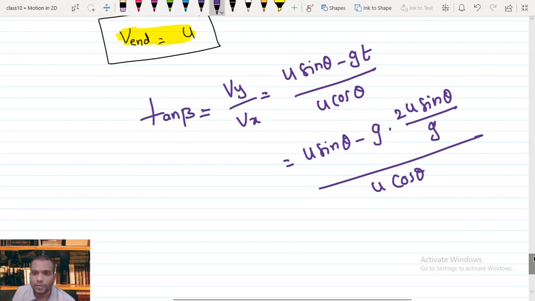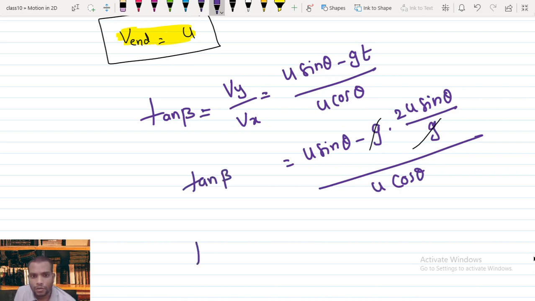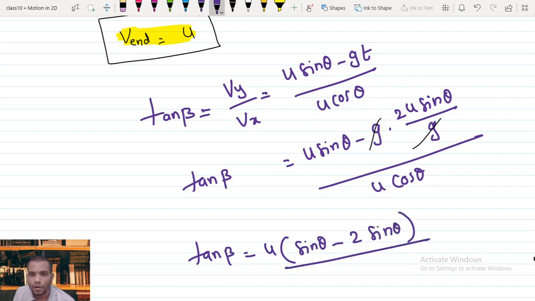Now if you do the simplification here, g and g get cancelled, and u also gets cancelled if you take the u common out. After rewriting, tan beta equals u sin theta minus 2u sin theta upon u cos theta.